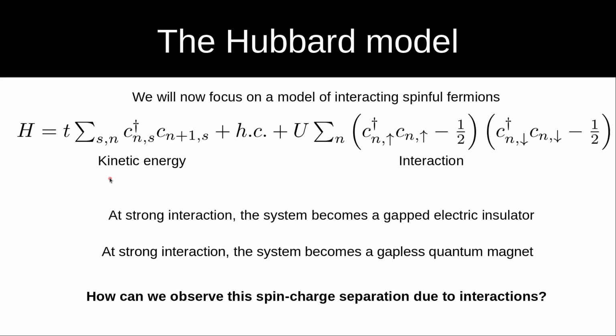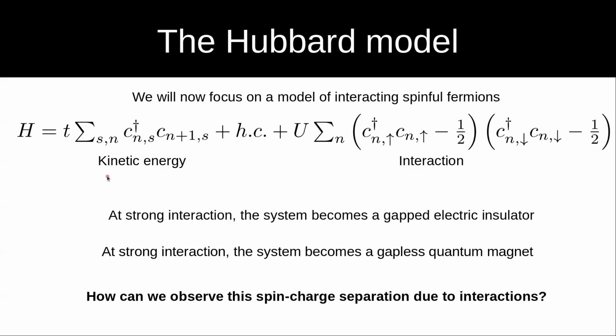This charge and spin cannot be separated in individual electrons. But when you consider a many-body system that has many, many electrons, these many-body interactions effectively allow you to split the electron, to put the charge on one side and the spin on the other side.